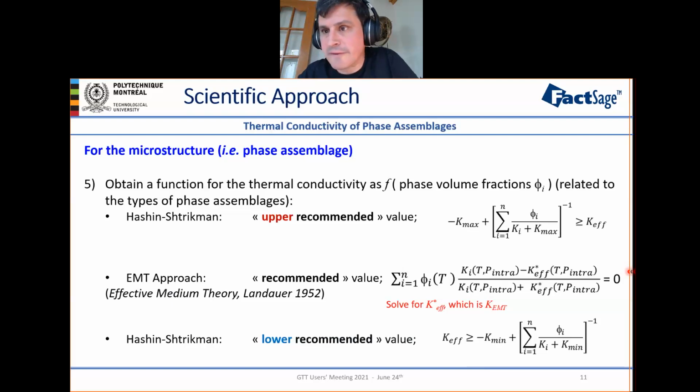And this is what we solve numerically. It's quite simple. And the Hashin-Shtrikman upper and lower limits given by these two equations are basically also given to you by the model. And they are always bordering the EMT recommended value, quite narrowly actually.